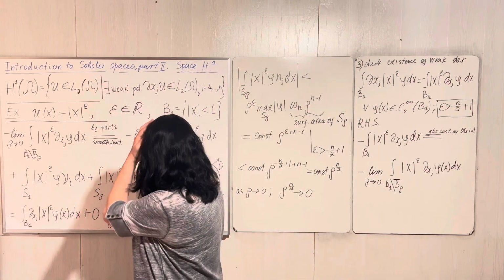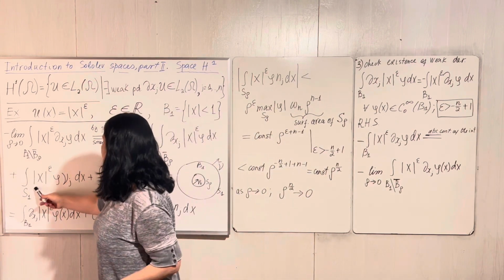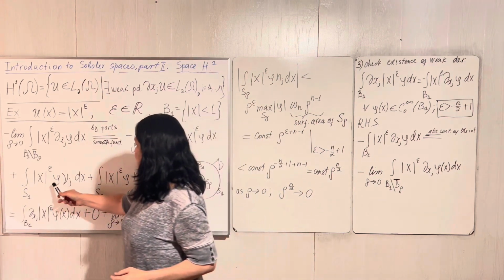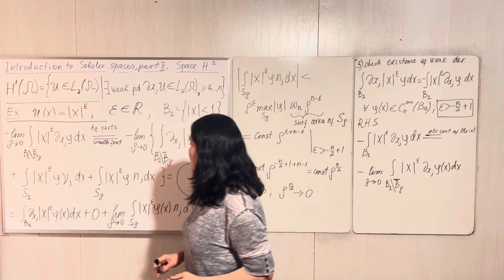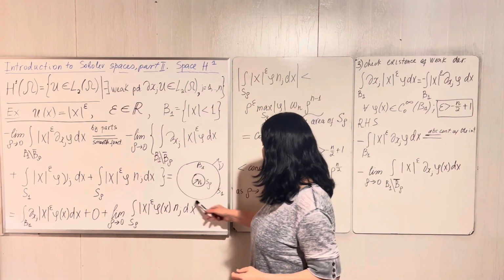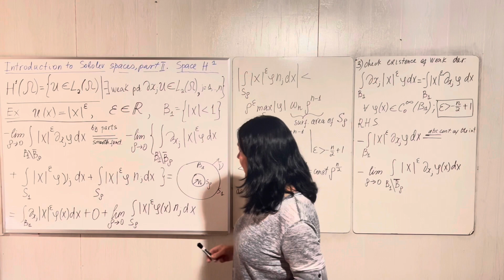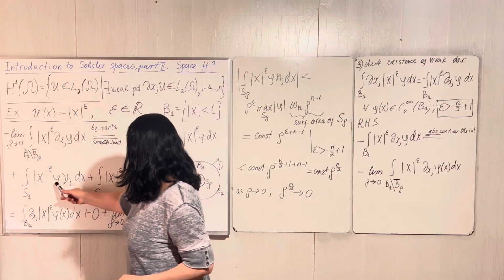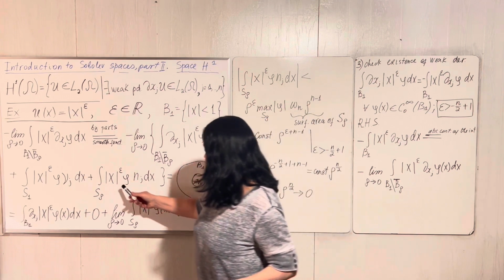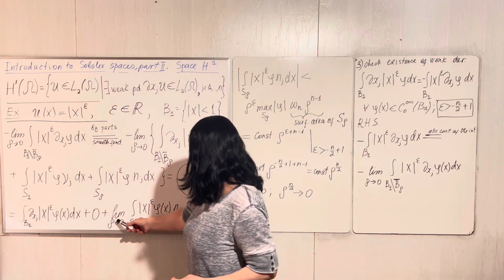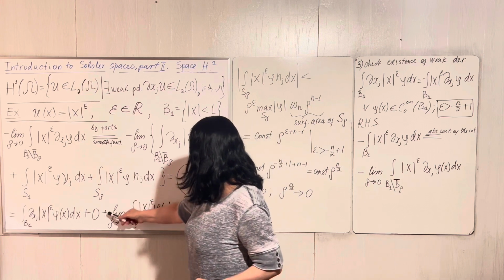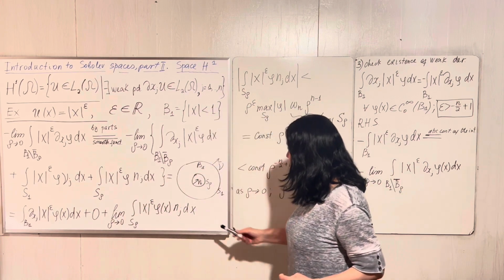The first one is easy to see that it will be zero, because we have function phi here and it has a compact support, so on our boundary it will be zero. So the second integral is zero, and the third integral I just copied. That's what we need to figure out to show that this is also zero.